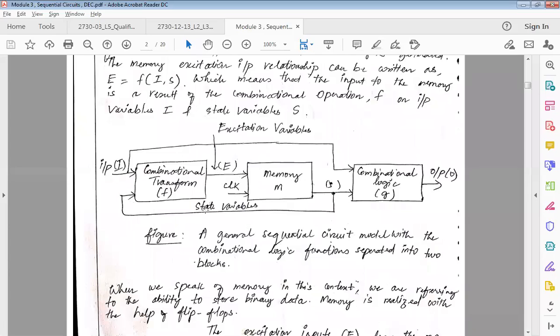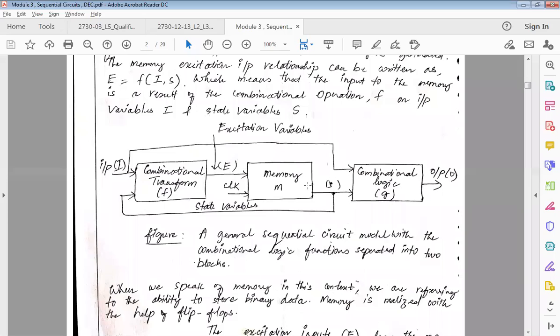So I have a combinational logic here, which is combinational logic 1, then another combinational circuit 2. Inputs are given as usual to both combinational circuit 1 and 2 together. Then my excitation variables are generated from the output of combinational circuit 1, and that is the input to memory.